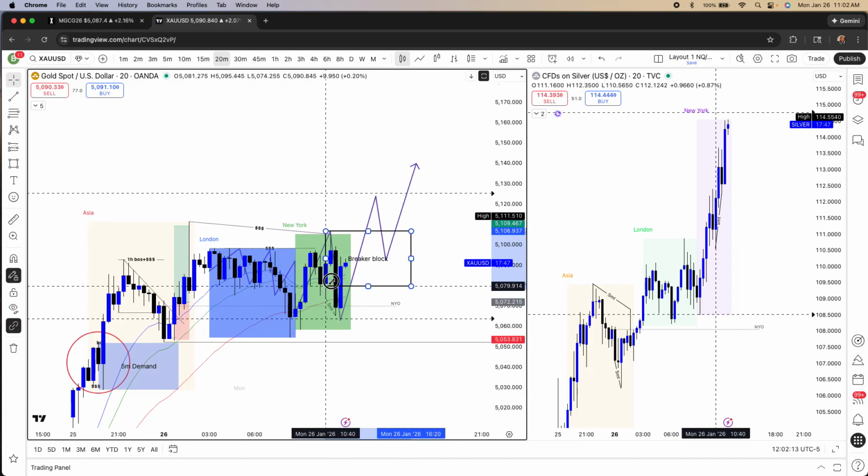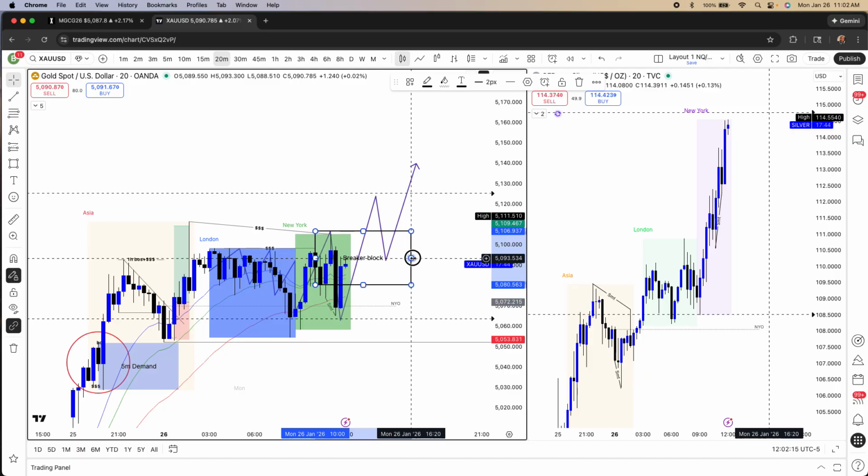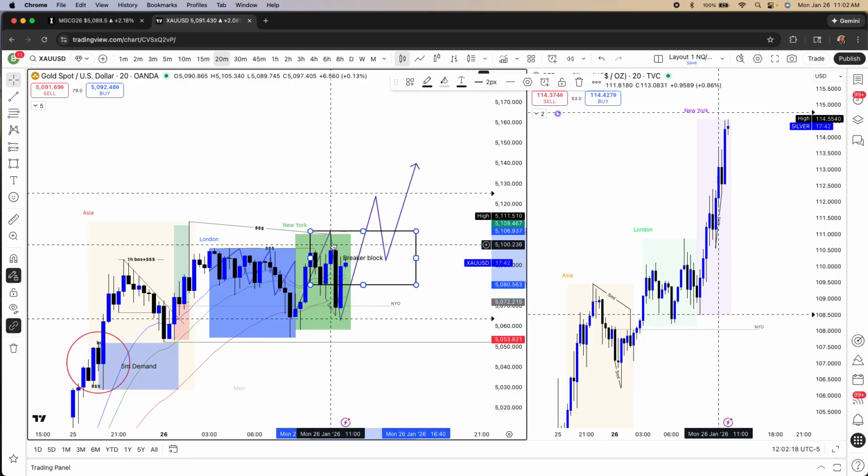So this may be like a future breaker block zone where they faked the sales into buys.